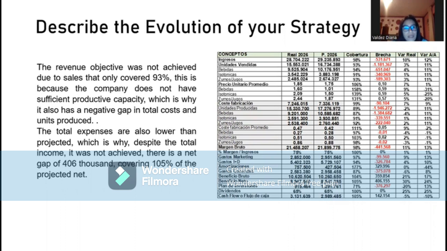The total expenses are also lower than projected, which is why, despite the total income, it was not achieved. There is a net gap of 406,000, covering 105% of the projected net.